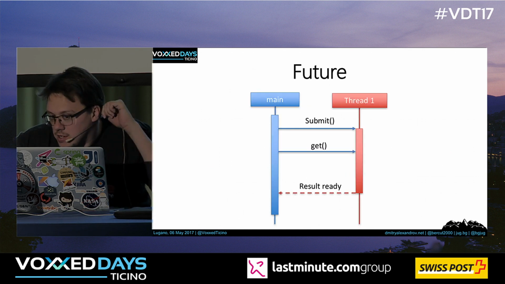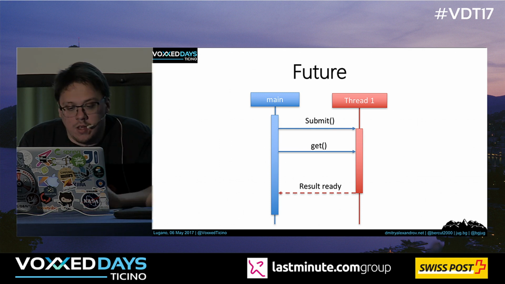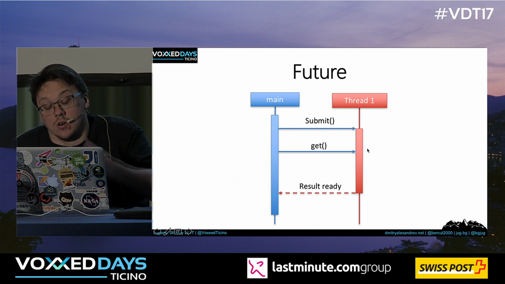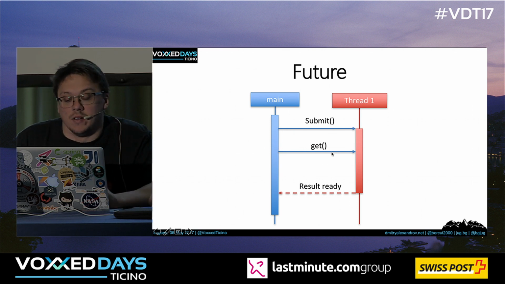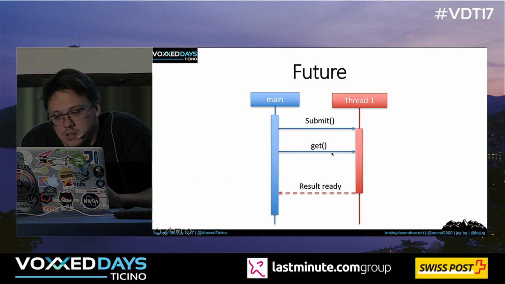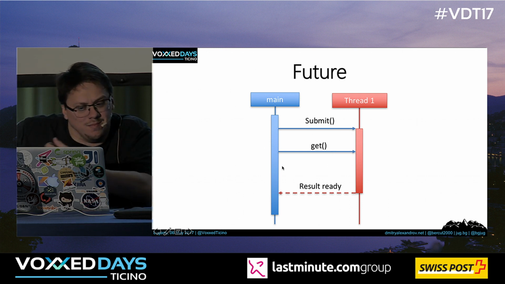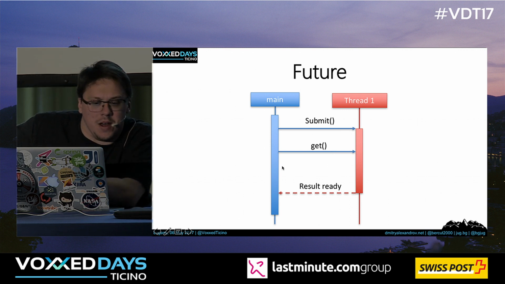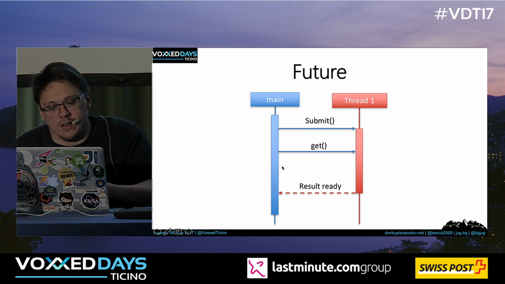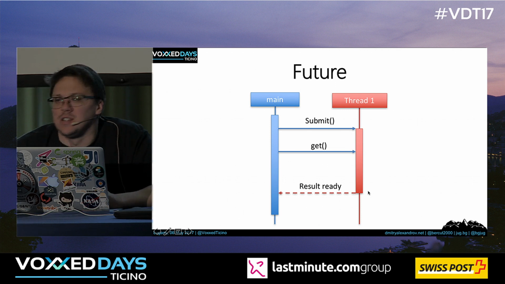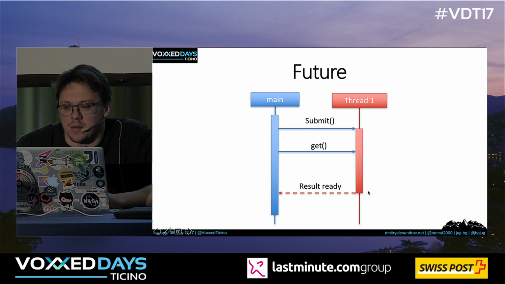If we take two threads and observe their work, you probably see that if we submit the work and then call get, the main thread, as it calls the get method, is still waiting, blocked, waiting for the result of the other thread. So we have not actually done the work better in another thread. We actually have two threads, of which one is blocked and one is working. That's not good. That's not something we want.